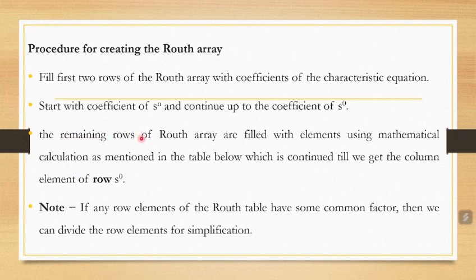The remaining rows of the Routh array will be filled by using a mathematical calculation which will be mentioned below, and this process of calculation to find the elements of the rows will be continued till we get the element of the row s power 0. If any row elements have the same common factor, then we can divide the row elements for simplification.